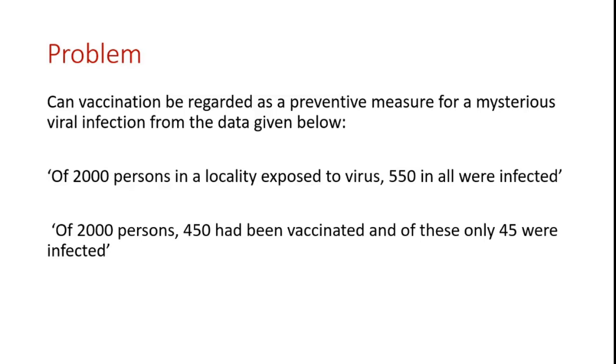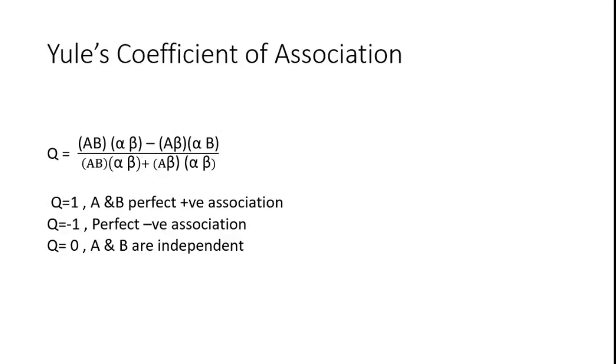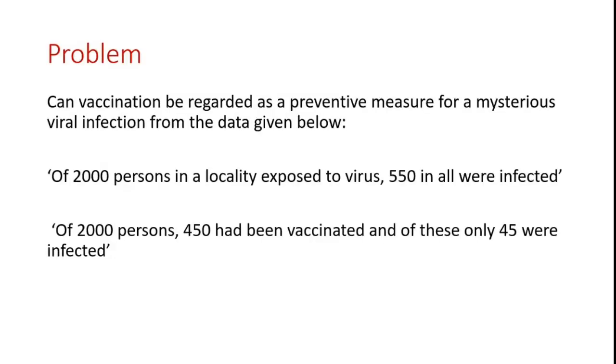Now we will talk of the first problem that we started with, which I showed you at the start of this video. Here is the problem. We understood the formula for calculating the coefficient of association, and what the symbols A, B, C, alpha, beta, gamma are.